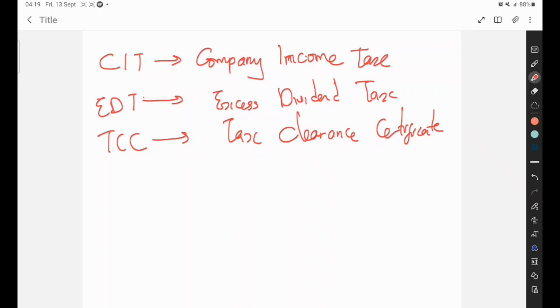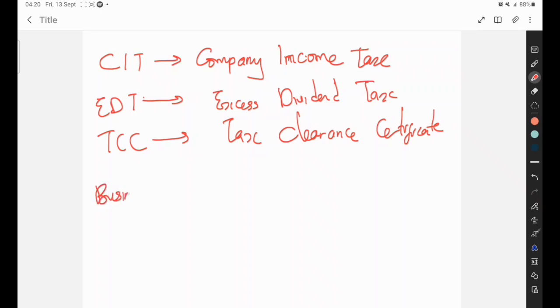Now, there is a way it's been graded. For businesses that generate between 25 million and 100 million, they are expected to pay 20% of their gross income. Let me put it down.